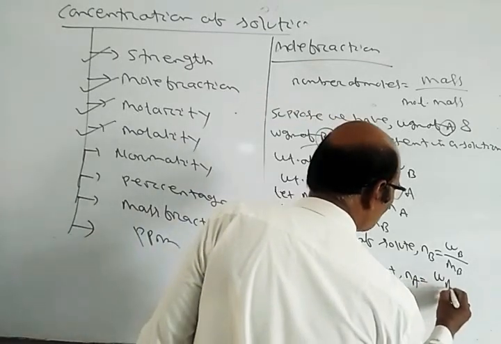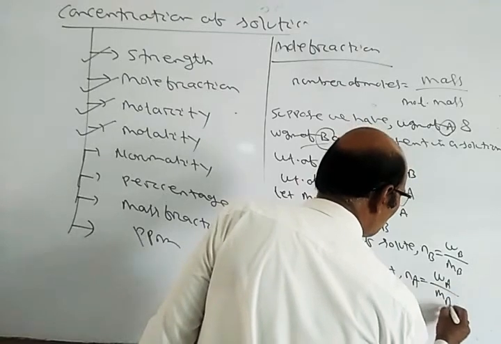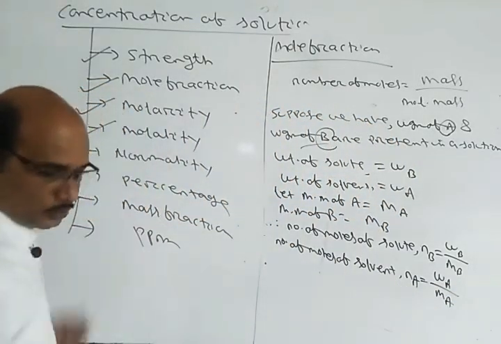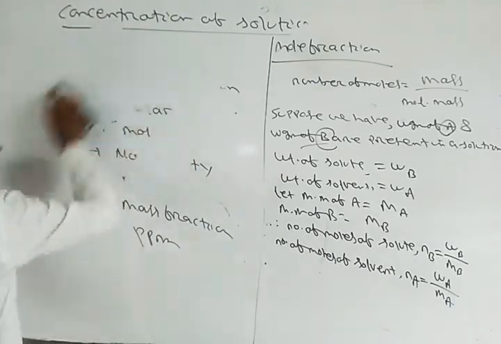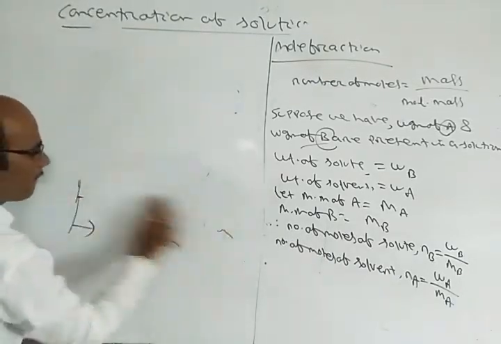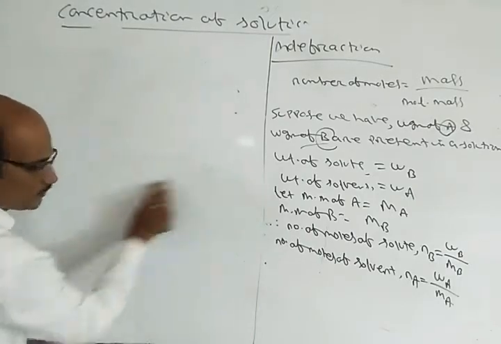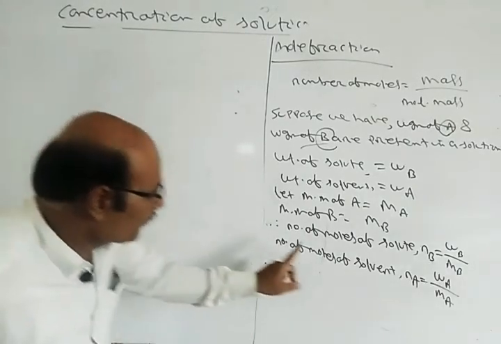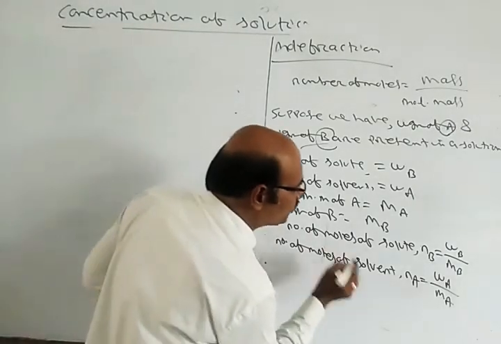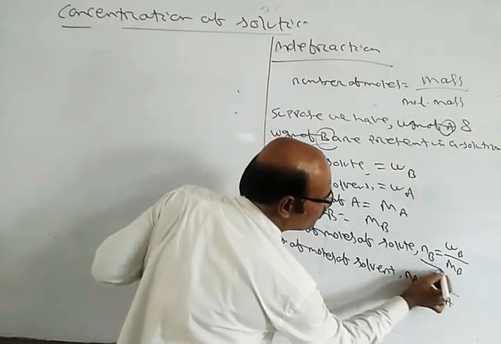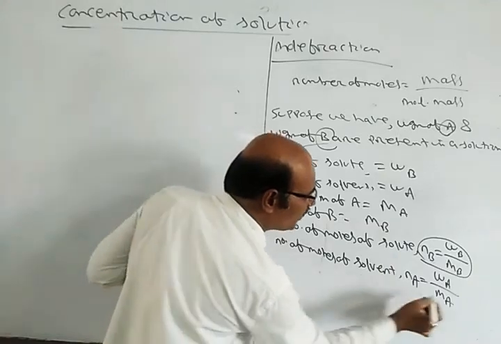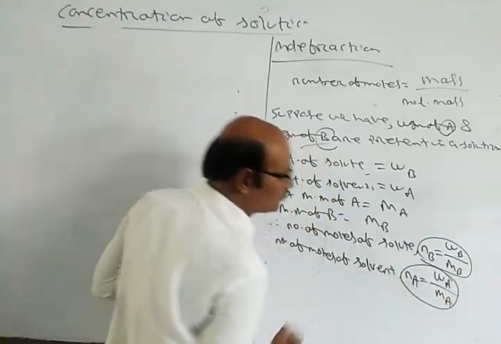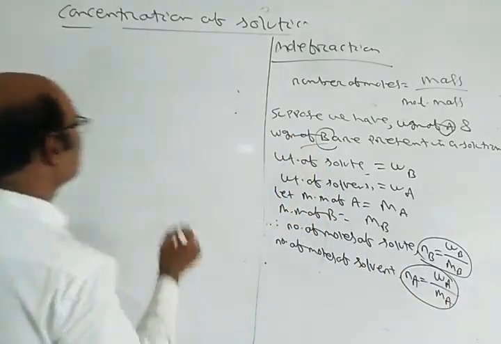Mass of A by molecular mass of A. Okay, now we have number of moles of solute N B equal to this much, and number of moles of solvent N A equal to this much.